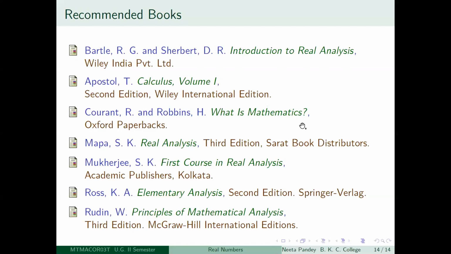This book is not a textbook, but first of all, it contains the idea as to how mathematics is done. That is how a certain proof came into the mind of mathematicians and so on. That is discussed in some detail, which is very useful for a student of mathematics to understand. And it also has anecdotes.